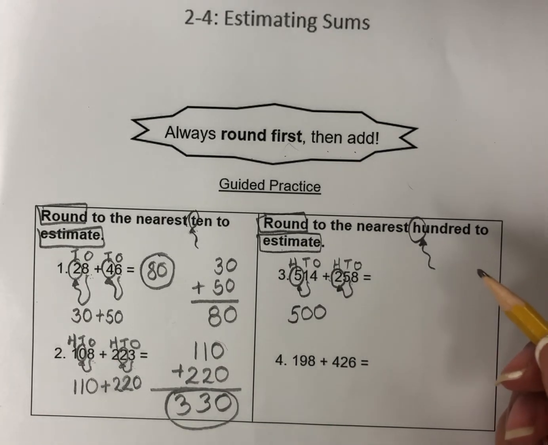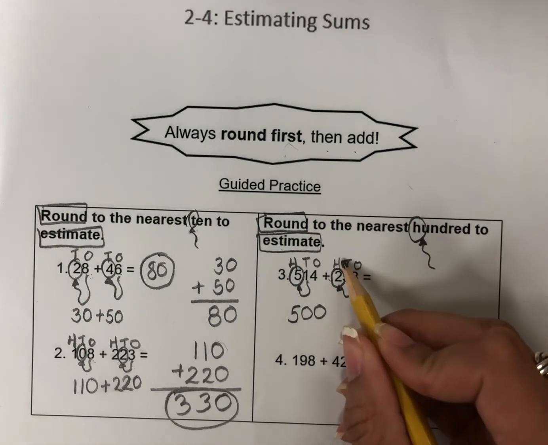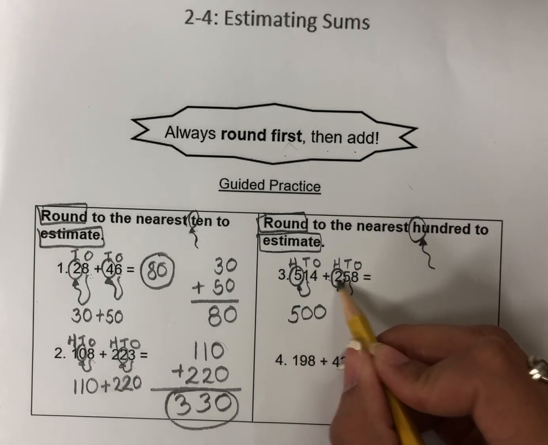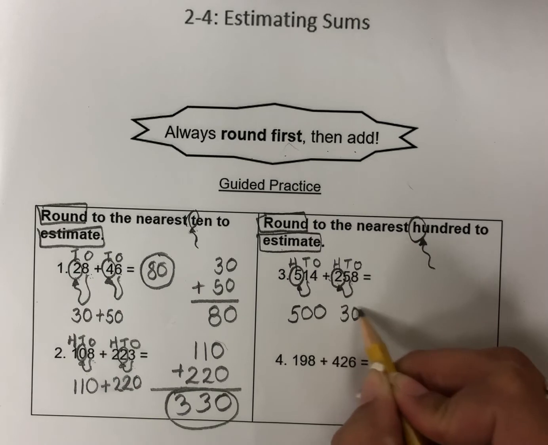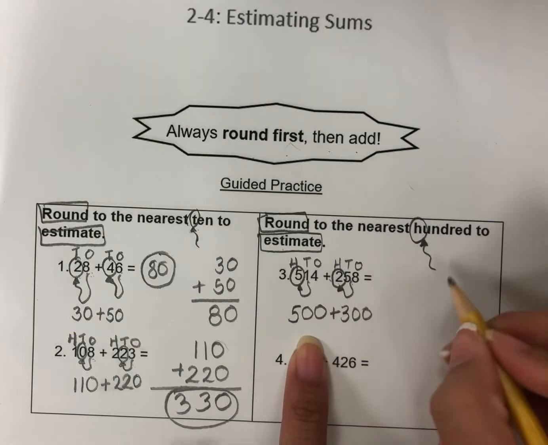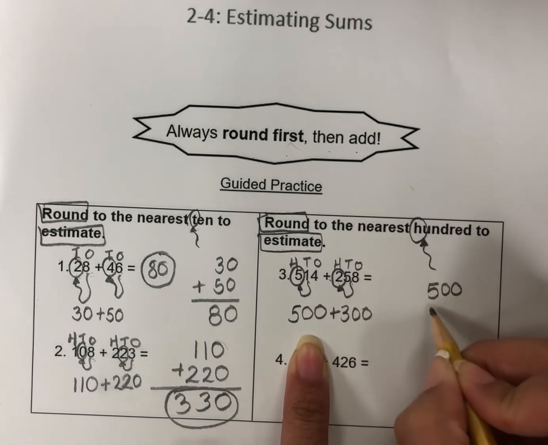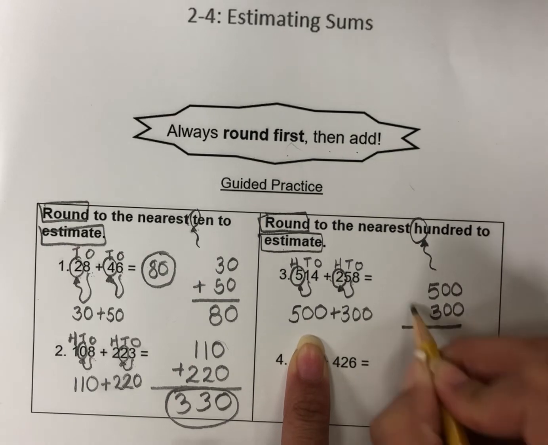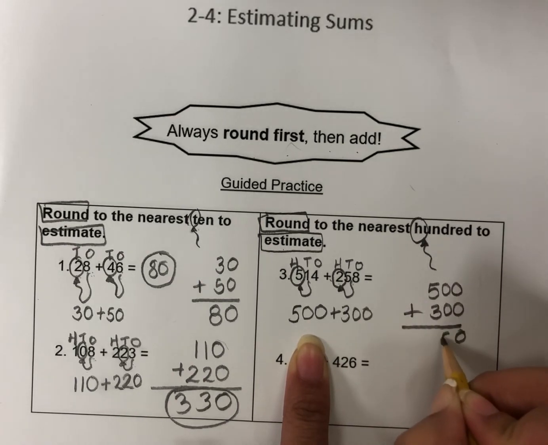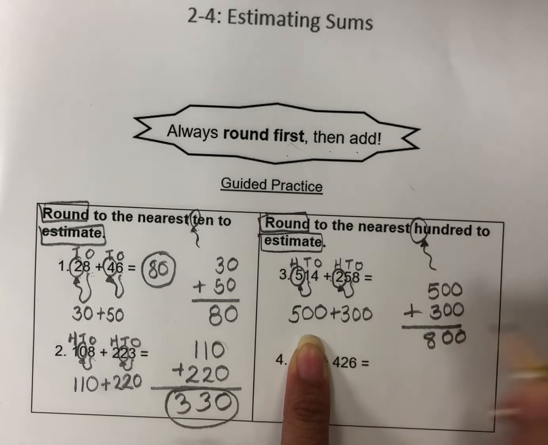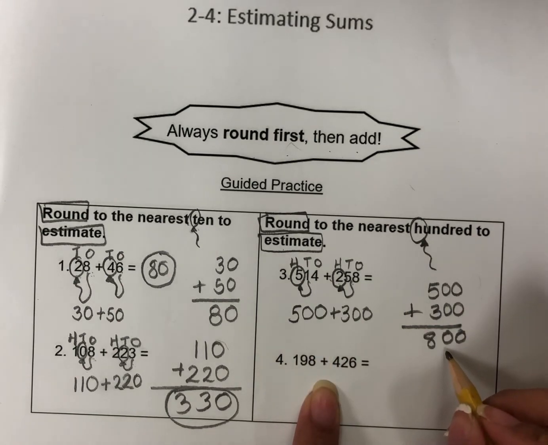So that means the balloon is going to go up to the next one. What comes after 2? 3. So now we have our new sentence. 500 plus 300. Add up our ones, tens, and our hundreds, and we get 800.